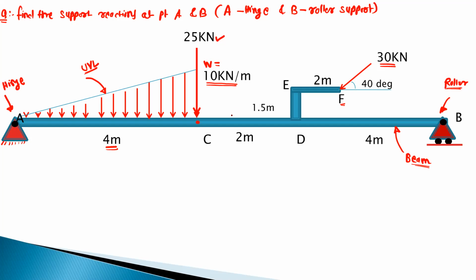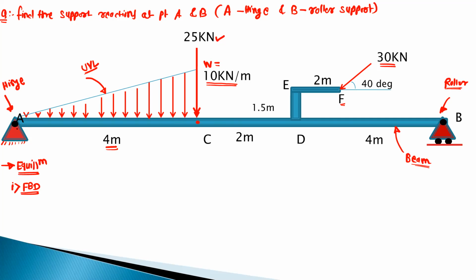So the first step, when we solve problems on equilibrium, is to draw the free body diagram. Free body diagram means what? Isolate this beam AB from its supports.